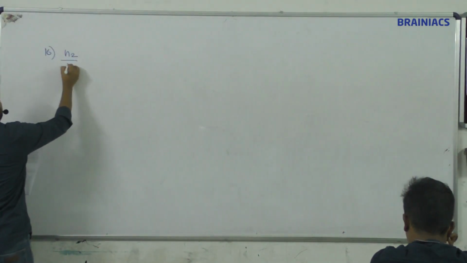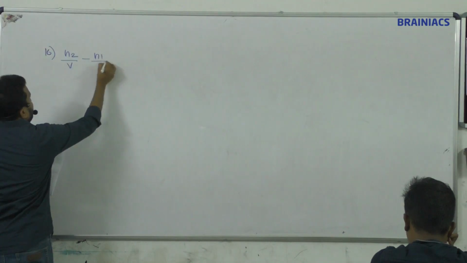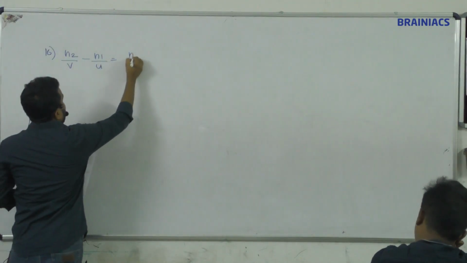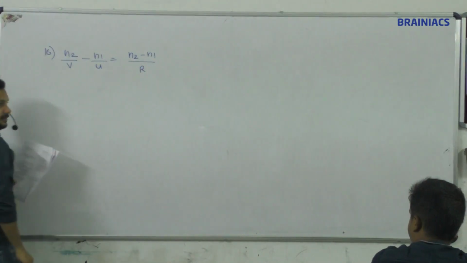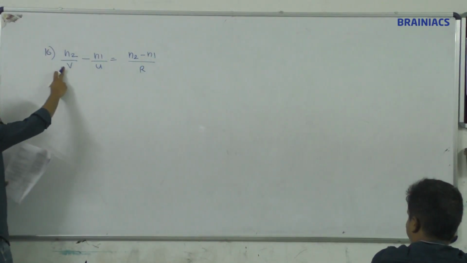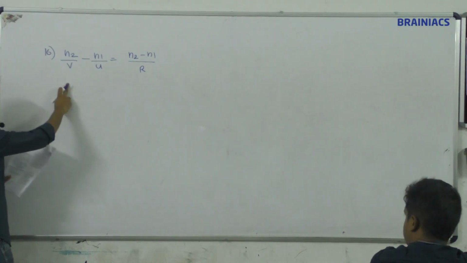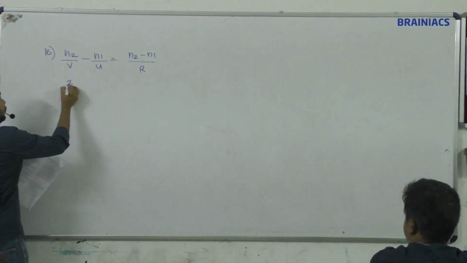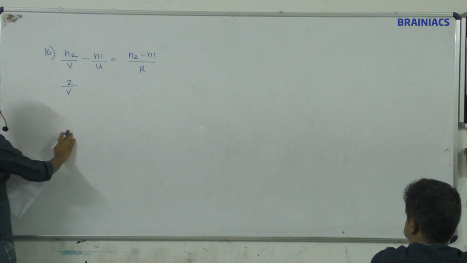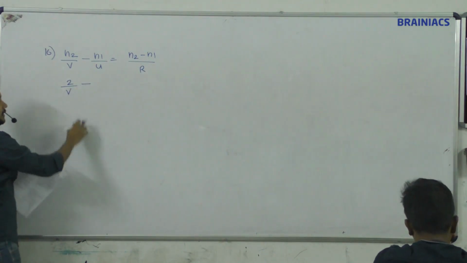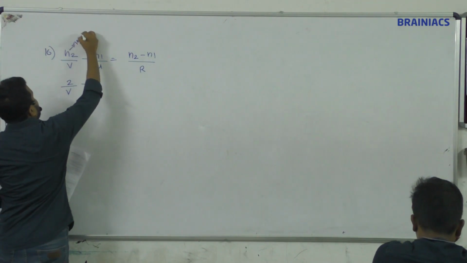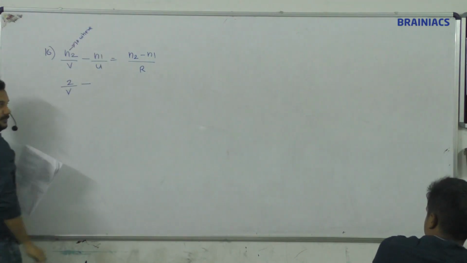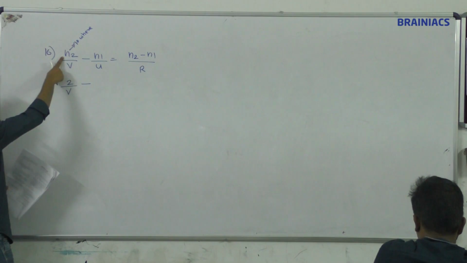N2 divided by V minus N1 divided by U equal to N2 minus N1 divided by R. We'll substitute here. N2 means refractive index of the glass material, which is 2. So 2 divided by V minus N1 divided by U. N2 indicates where the light is going: light is going to the glass material.